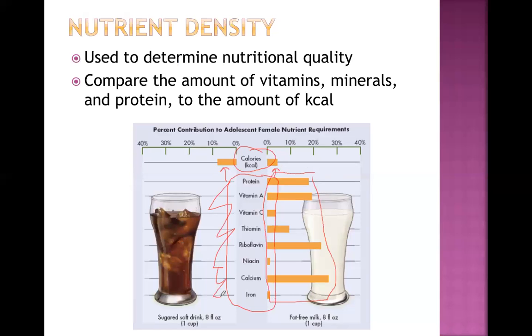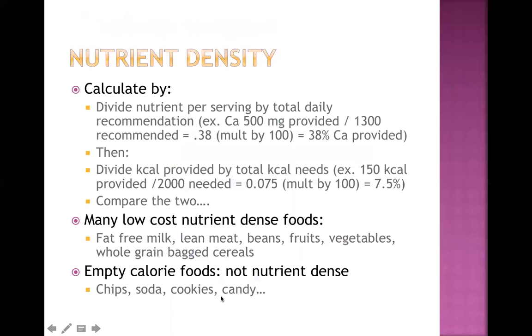However, if you're not sure about the exact amount, maybe we're comparing fat-free milk to string cheese, or fat-free milk to skim milk, you can use some mathematical calculations to figure out the exact nutrient density. So I have an example here. Let's say this is milk.